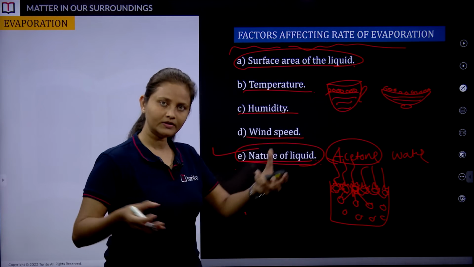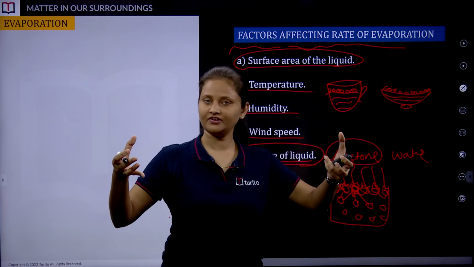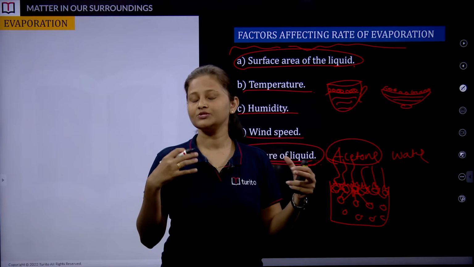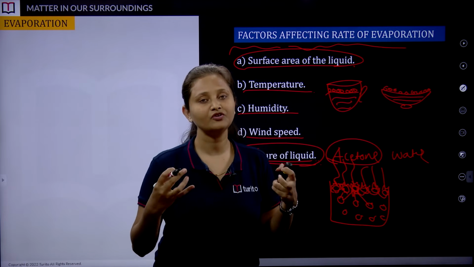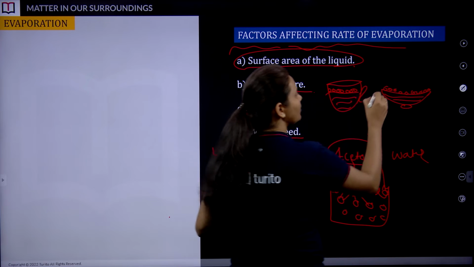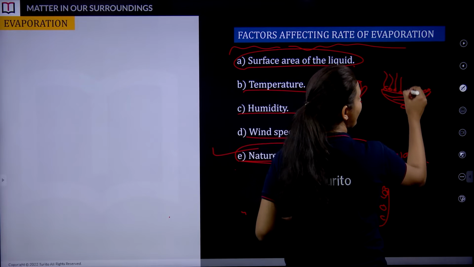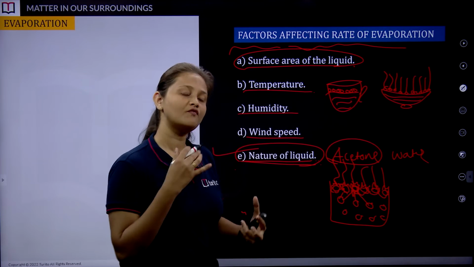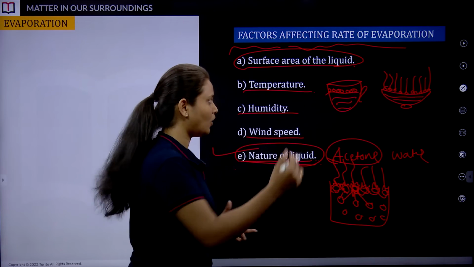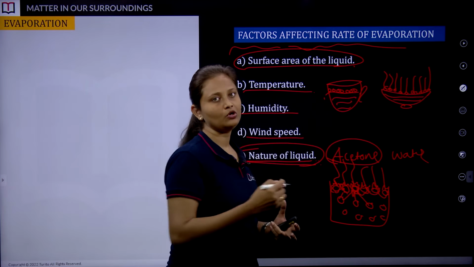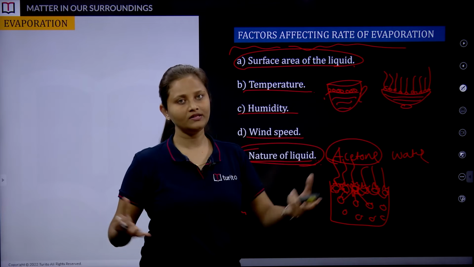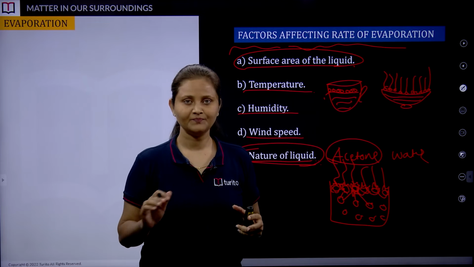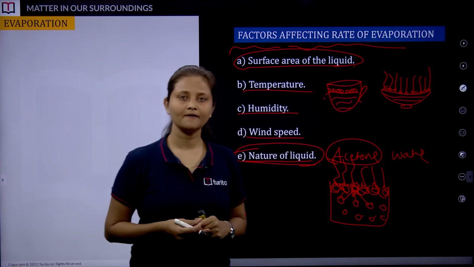The more the area, the more surface molecules will get generated, obviously. With more interaction and more collisions among the molecules, the number of molecules that escape is going to increase, which means the rate of evaporation depends on the area. The larger the area, the more the rate of evaporation. It's that simple. Is there any doubt, students?